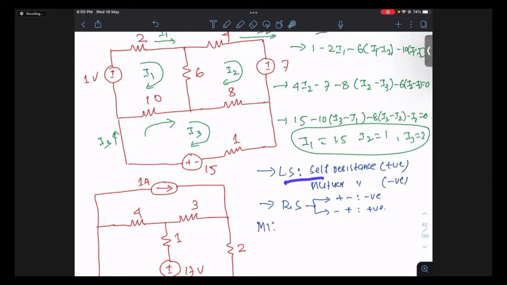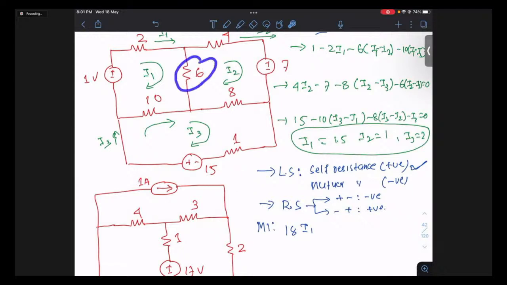So if I'm writing the mesh equation for mesh 1, the left hand side will contain the self-resistance term, the sign is positive, and the mutual resistance terms, the sign will be negative. The self-resistance of mesh 1 is 2 plus 6 plus 10, that is 18. So you get plus 18 I1. Self-resistance term signs should be positive, mutual terms are negative. Here it is 6, a mutual resistor because it is between two meshes. The resistors which are between two meshes are mutual resistance.